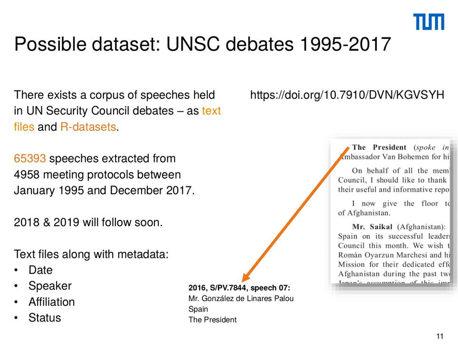So we have data available over a long period of time, and also in relation to many parts of the world, because you know that in the United Nations Security Council, representatives from all over the world come together, and the dataset has this information readily available. So for every speech, you know, for example, the affiliation or country that the speaker represents.